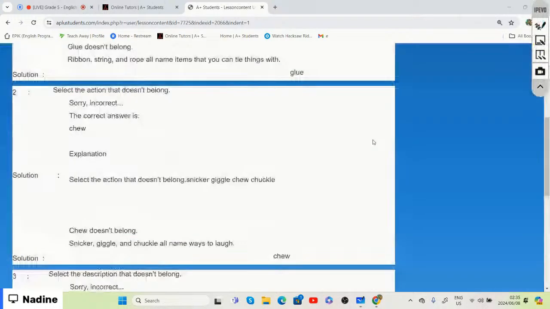Let's go to the next one. It says we need to identify the words that don't belong. We have sneaker, giggle, chew, and chuckle.